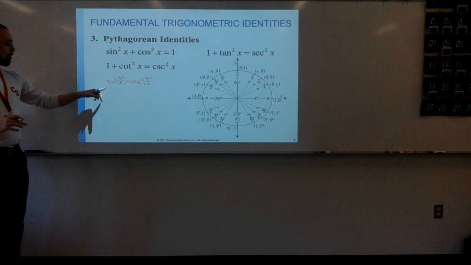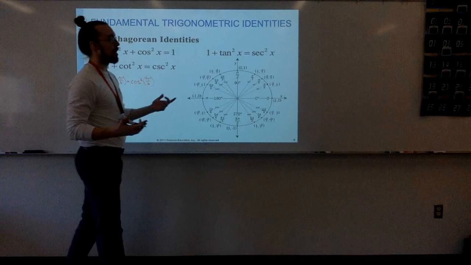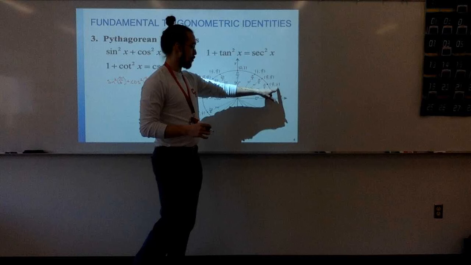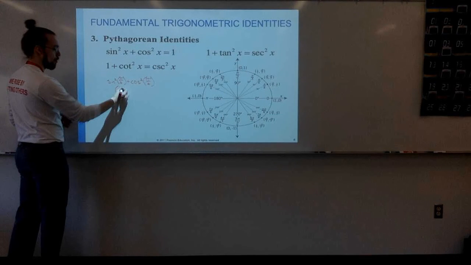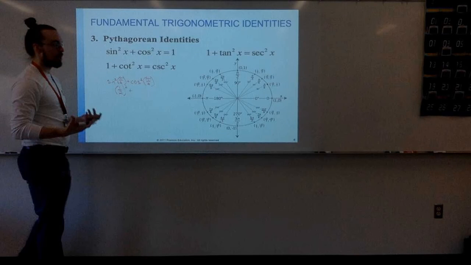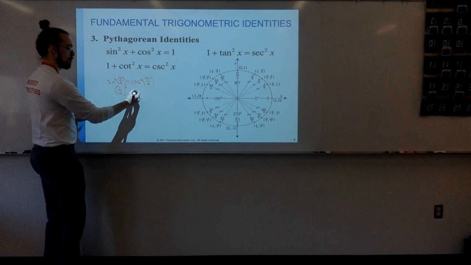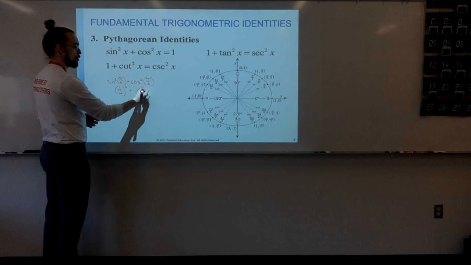Well, we know that sine of pi over 6 is the y value there, that's 1/2. So this is going to be 1/2 squared plus cosine is square root of 3 over 2, so the square root of 3 over 2 squared. Well, 1/2 squared is 1/4.